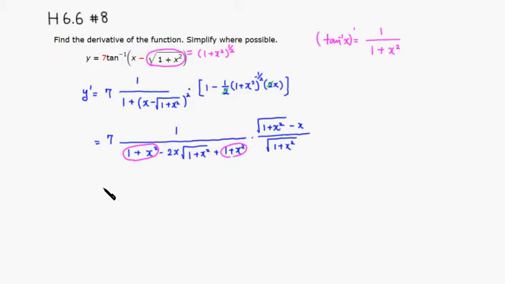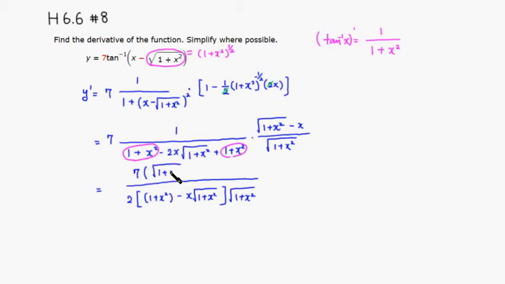So I'm going to pull out 2 times 1 plus x squared, then minus x square root of 1 plus x squared, then you're going to multiply by square root of 1 plus x squared, and then you're going to have 7, then square root of 1 plus x squared minus x.